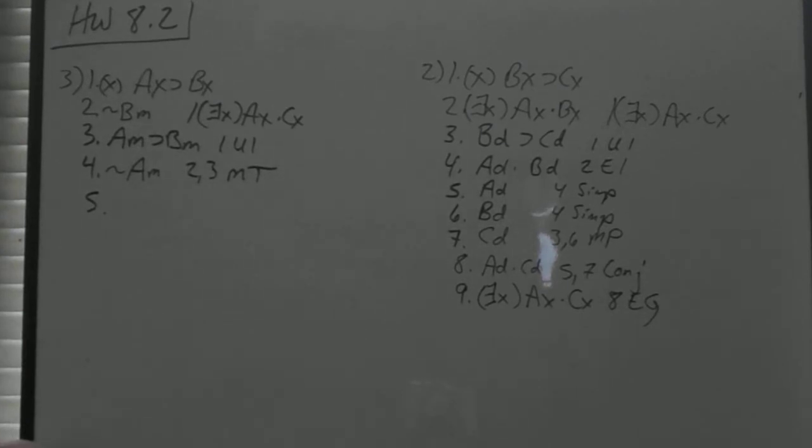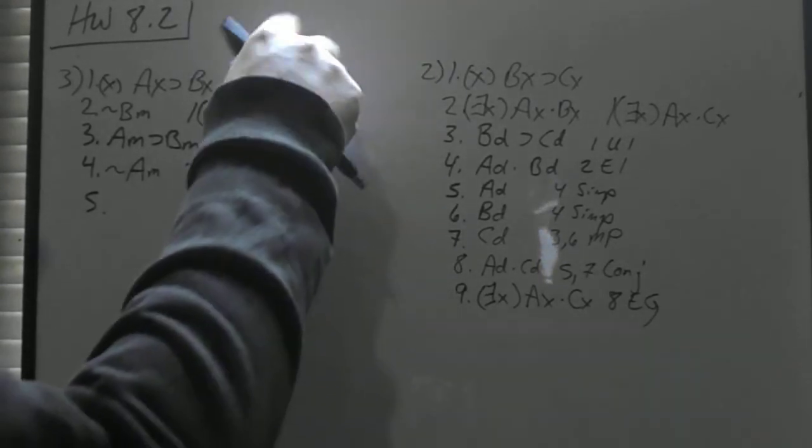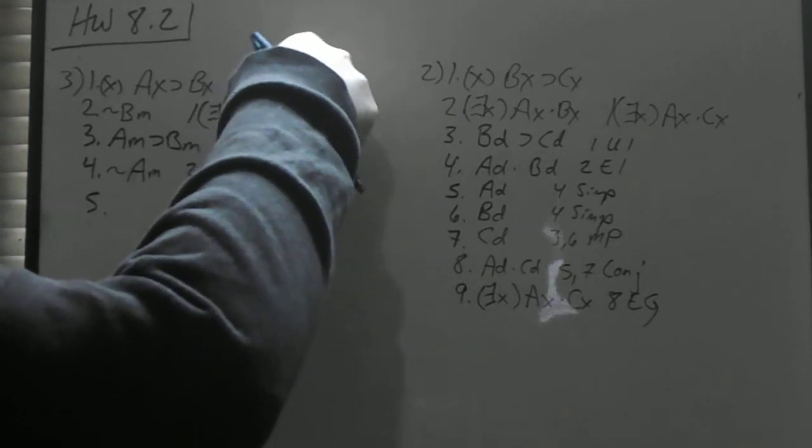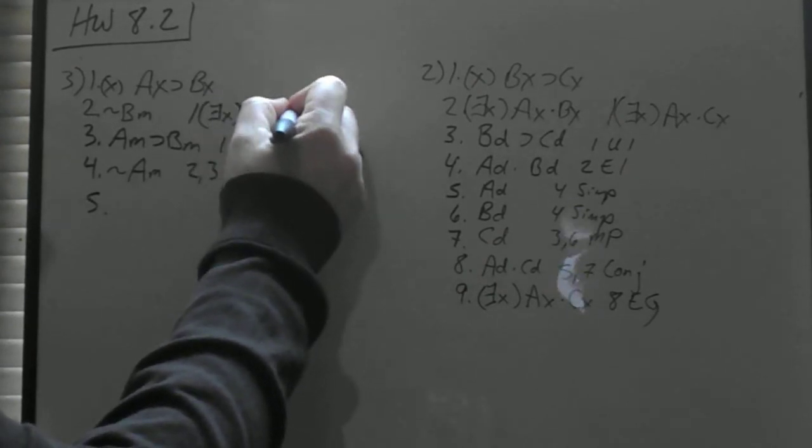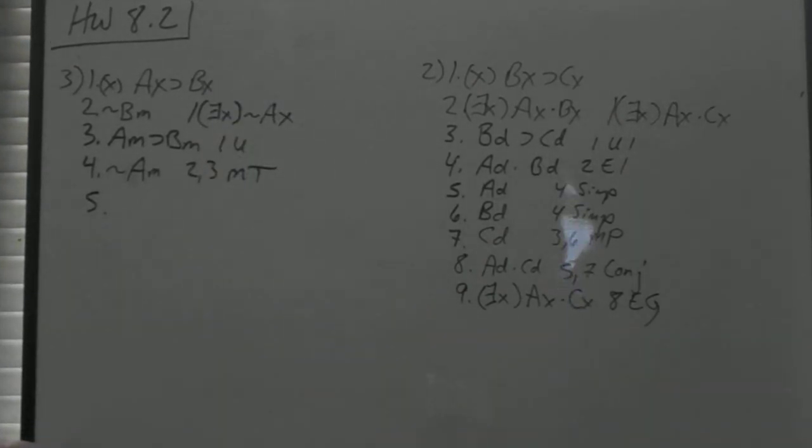Wait a minute. Oh, okay, I miswrote that. No wonder that doesn't make sense. There's no C in it, is there? So it should be not AX. That makes a lot more sense. I've told you before, copying these right is the hard part. The conclusion you're actually looking for is existential, not AX.